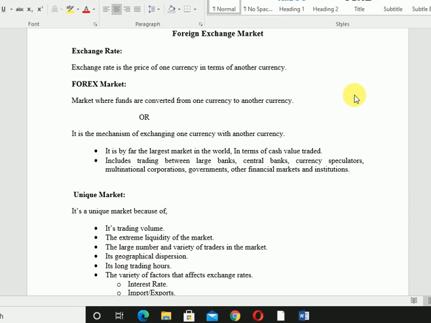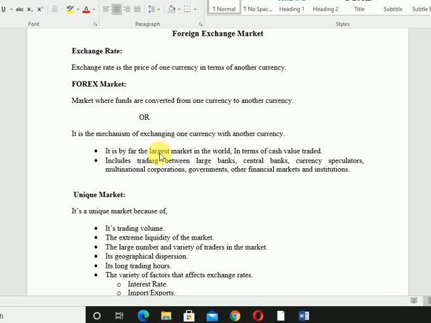That market where one country's currency is converted to another country's currency, so that is called what? That is called forex market or foreign exchange market.